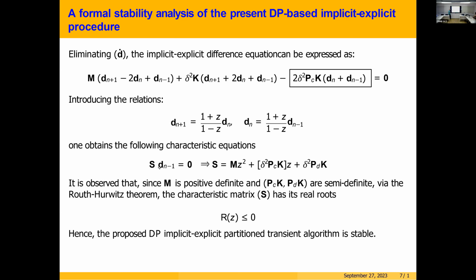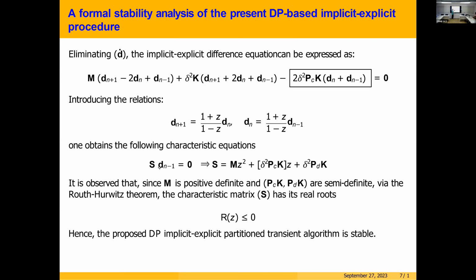And there's the Routh-Hurwitz theorem, which is used in the control community a lot. That says M is positive definite, and these are semi-positive definite. In that case, there's no negative sign over there.